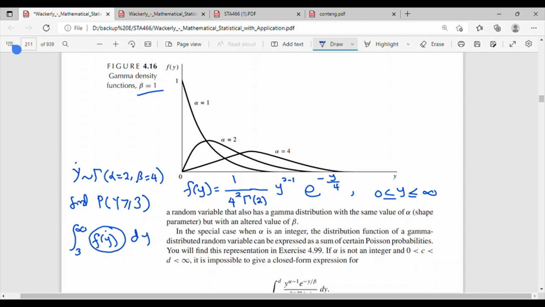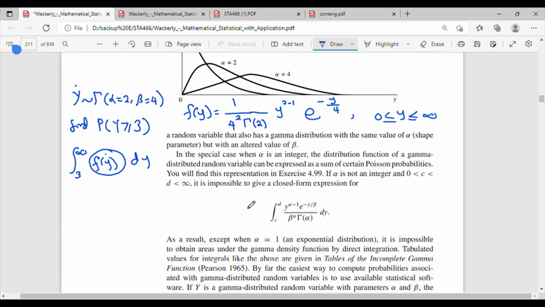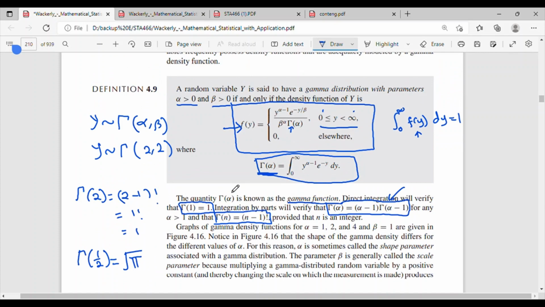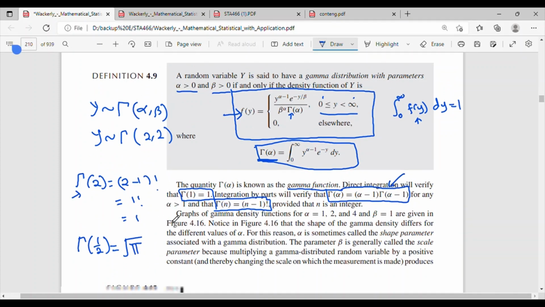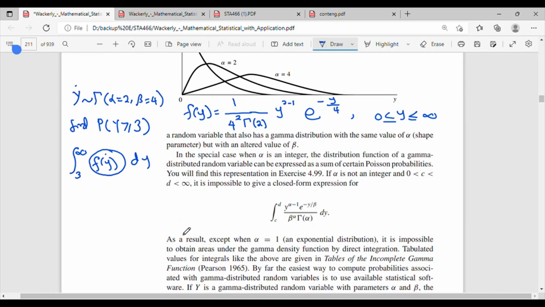But now here we can get the value. 4 squared multiplied by gamma of 2. Gamma of 2 was calculated earlier as 1, right? Gamma 2 I already calculated here. Gamma 2 is 1. So 1 multiplied by 16 there. So we integrate as usual, from 3 to infinity, so it will be 1 over 16 y e to the negative y over 4 with respect to dy.